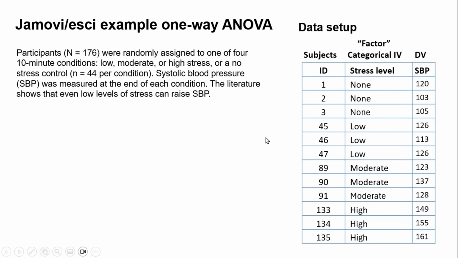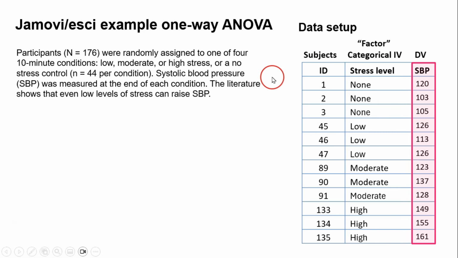So there's an abbreviated list showing the ID values from 1, and it's going to go up eventually to 176. Then we have the stress level, none, low, moderate, and high, and then the systolic blood pressure that's measured.